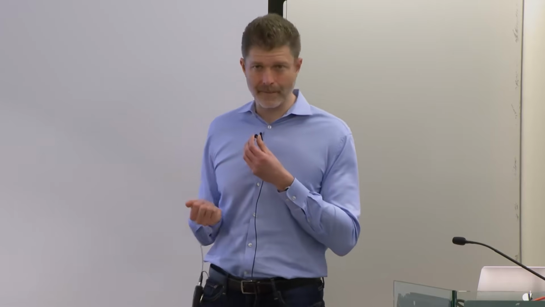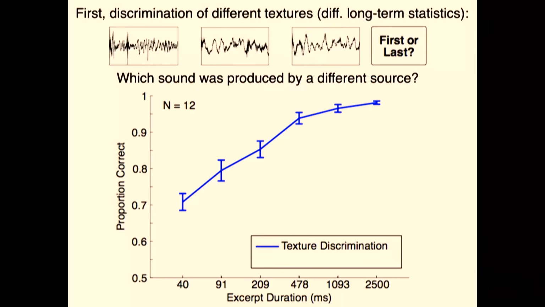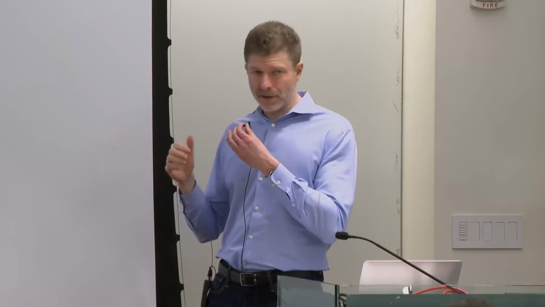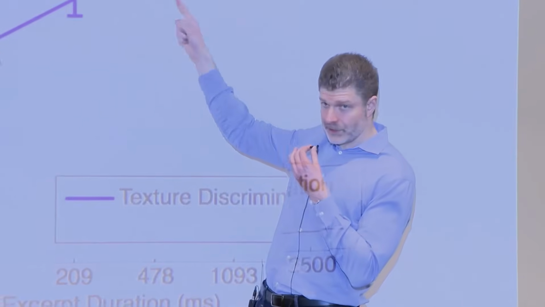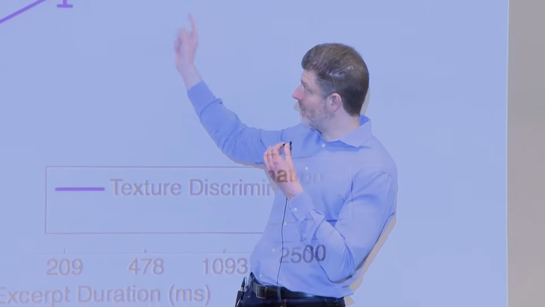Okay, so this is what you would standardly expect on most psychophysical tasks: when the stimuli are longer, people are going to be better. Okay, and in this particular case, it's certainly consistent with the idea that people are using statistics, because as the excerpt gets longer, the statistics of these two will converge to the same values, right, and be reliably different from the statistics of the first one.